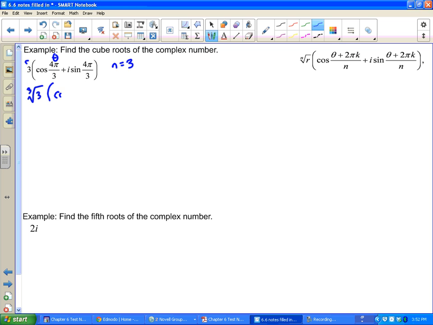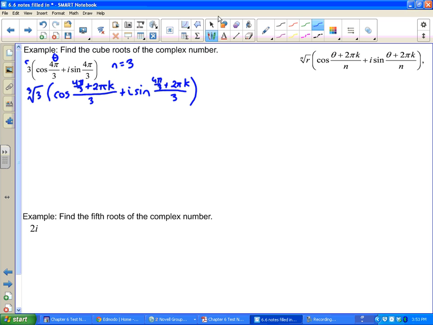And then I have cosine of my angle, which is 4 pi over 3 plus 2 pi k. We leave the k as k. We're going to deal with that a little later. And then the n on bottom is this n right here. Then I sine 4 pi over 3 plus 2 pi k over 3.